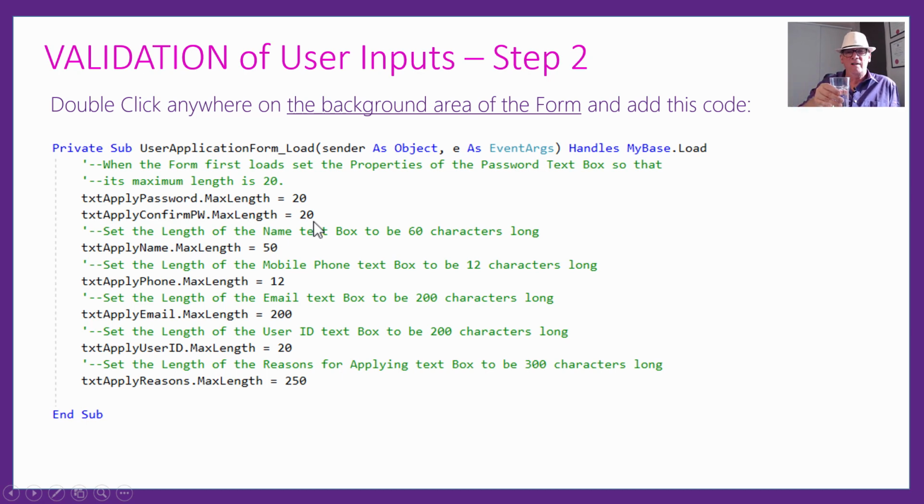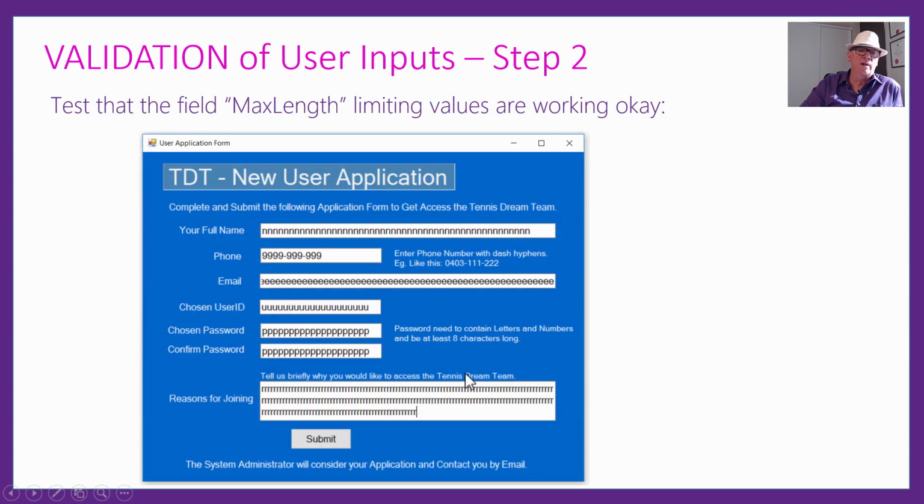There's no real reason to do that, and it's going to make it hard to read in the text box if it overflows. Emails do have to be quite long because they could be a long address, and there are reasons we want them to write a couple of sentences there, so that has to be like 250 long. So we're just setting the max length property on each of those fields, but rather than do it on the screen where the form is, we're doing it inside the program.